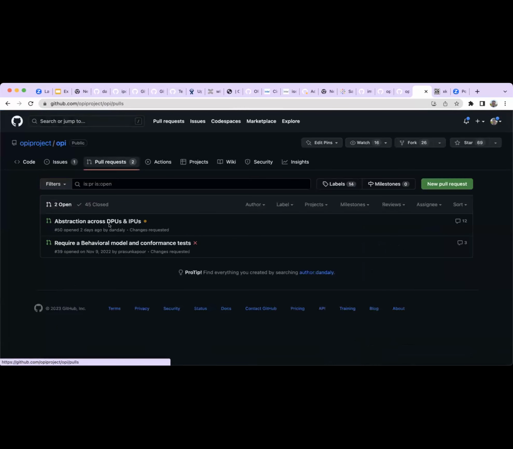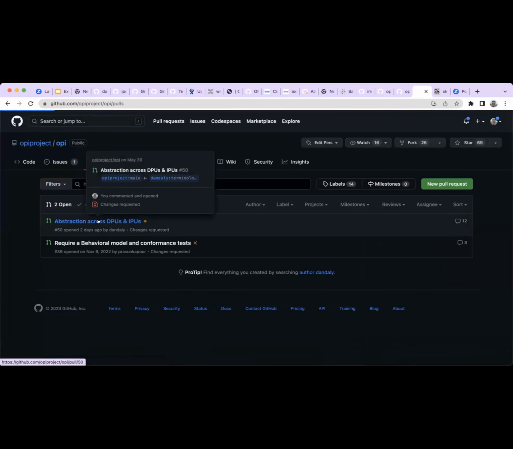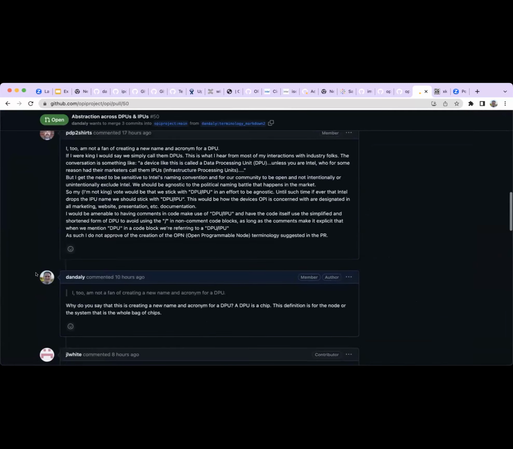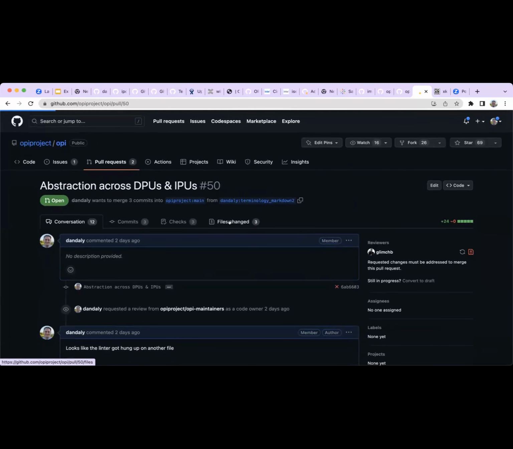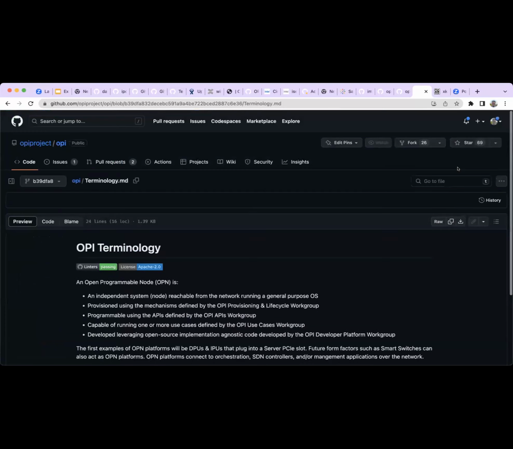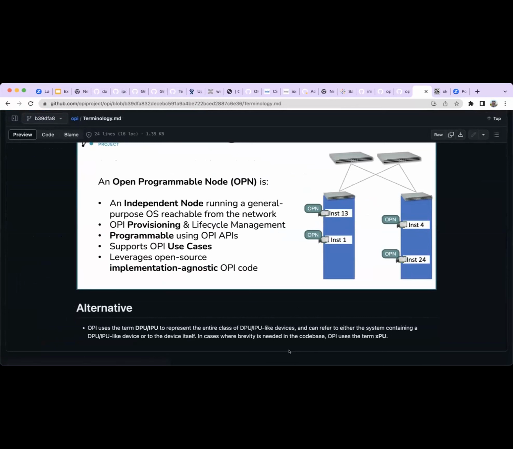Yeah, I don't think we should get restarted on IPU DPUs versus IPU/DPU. I think all three of them sound good to me, and that's fine. One suggestion though is to look at open programmable versus node versus open. Do you see it as open programmable, maybe not, accelerator node?